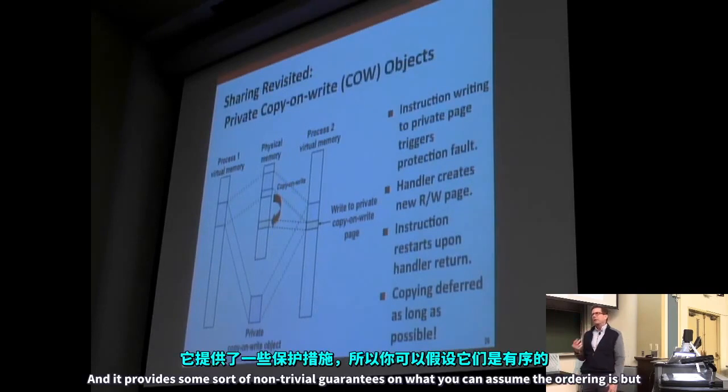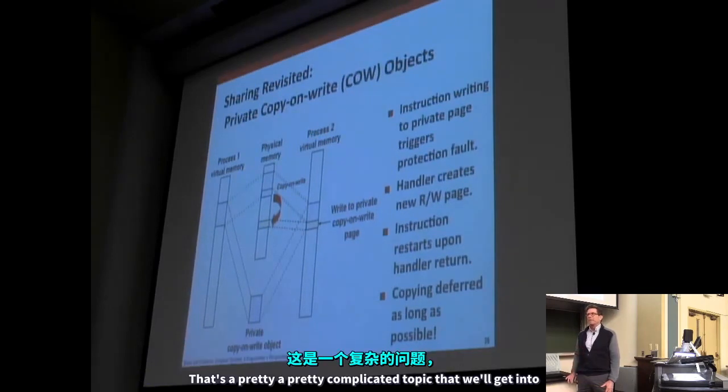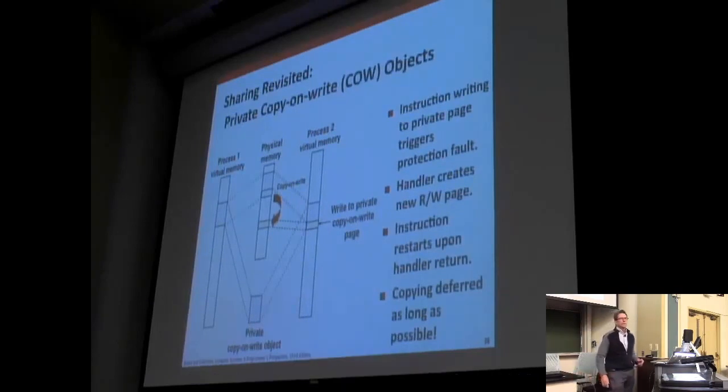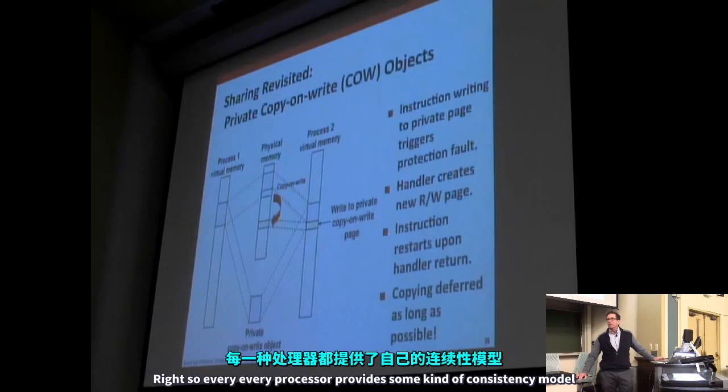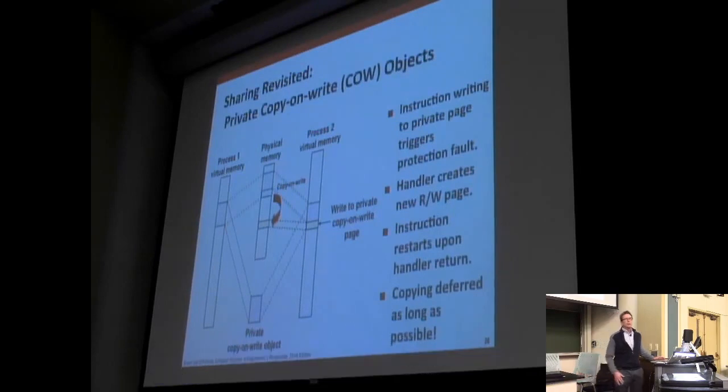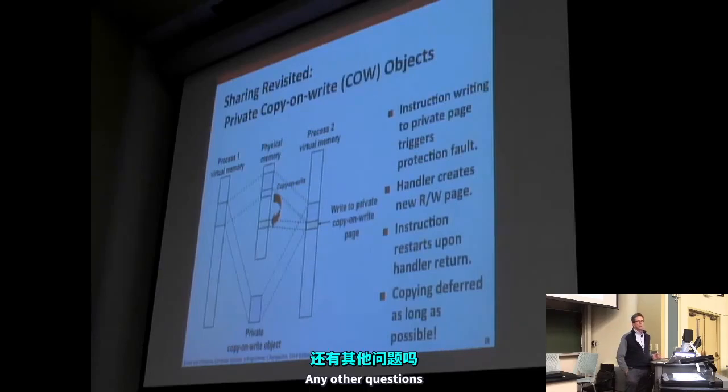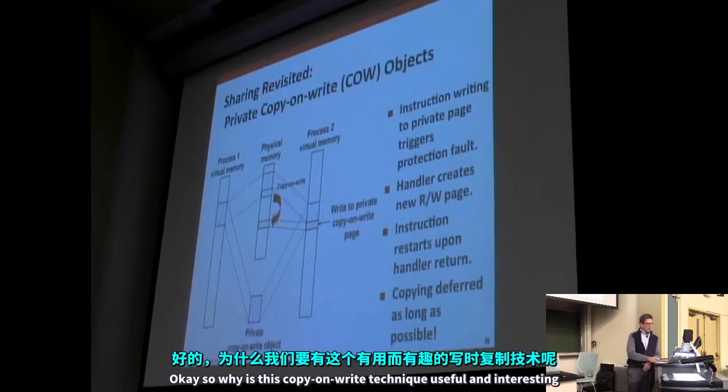It provides some non-trivial guarantees on what you can assume the ordering is. But that's a pretty complicated topic that we won't get into. It's called the consistency model. Every processor provides some kind of consistency model. Any other questions? Okay.